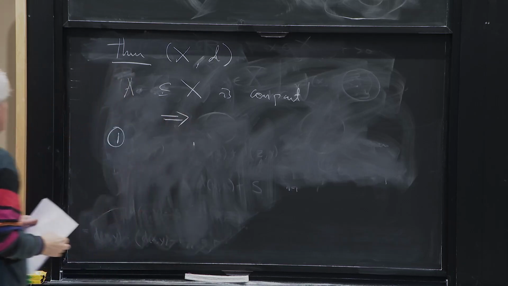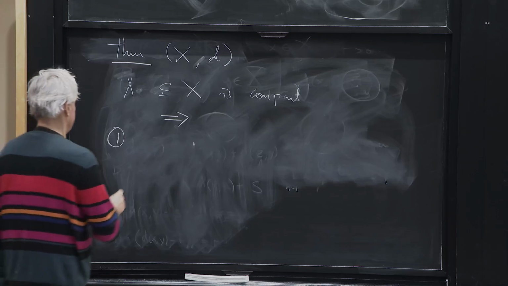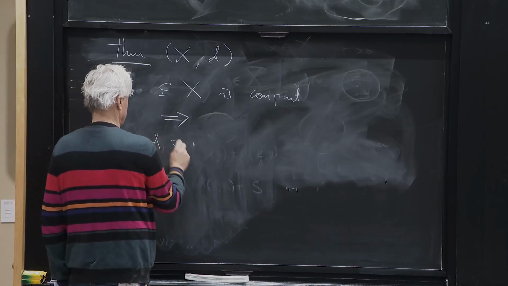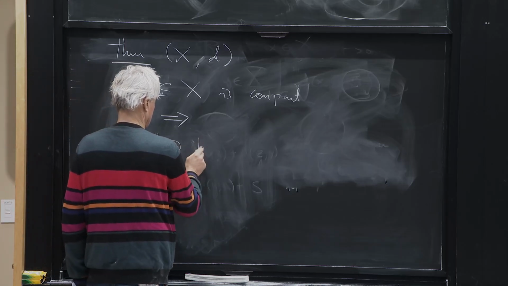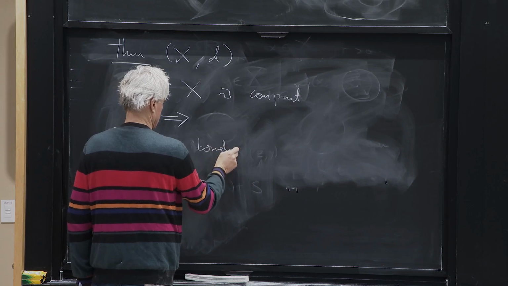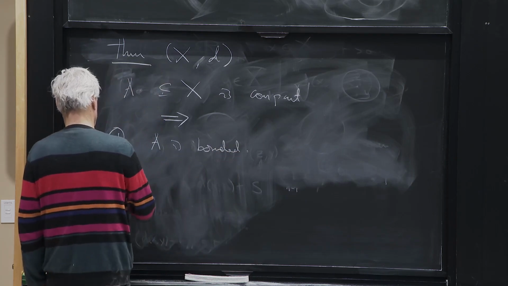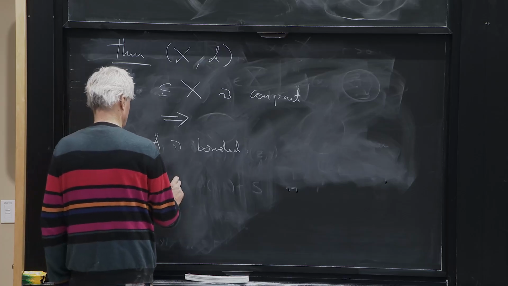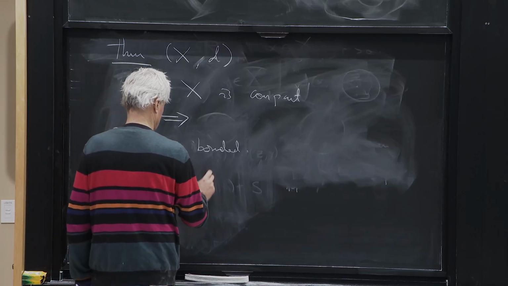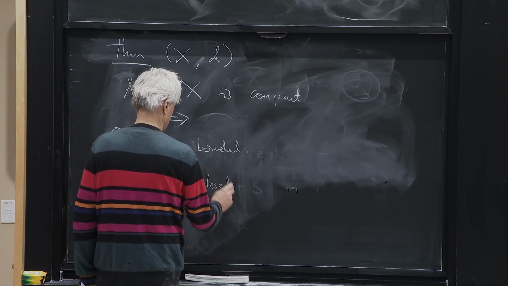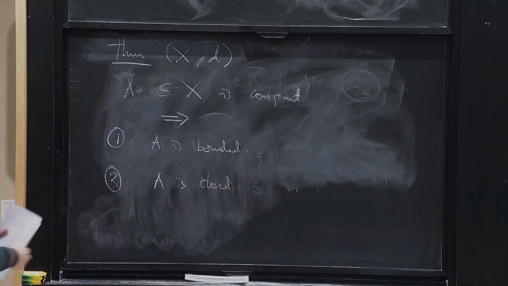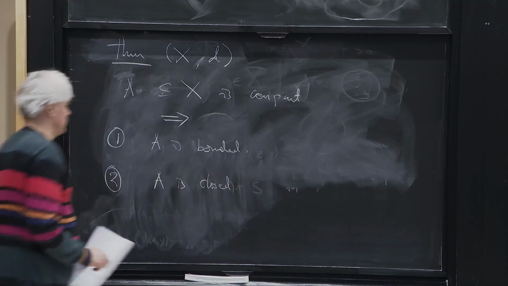One is that A is bounded. And the second one is that A is closed. Okay. Let's prove first that A is bounded.